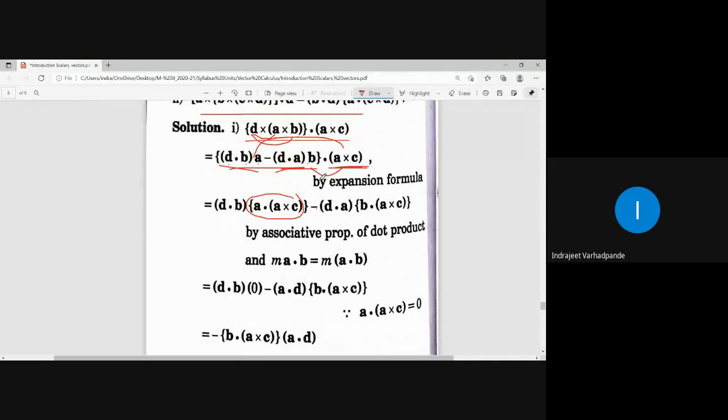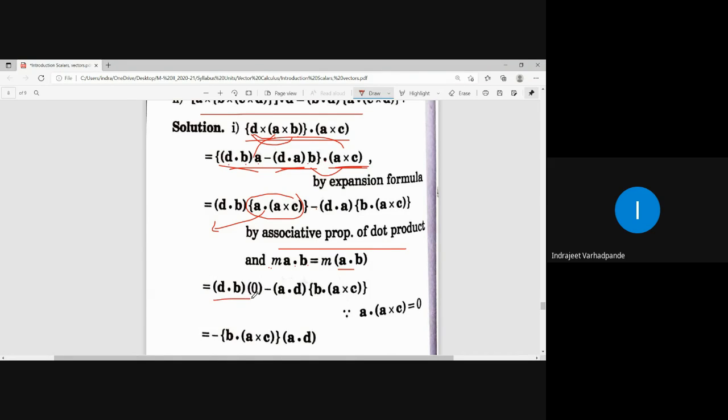This is written with the associative property of the dot product. Also, whenever you have any scalar into vector dot vector, it can be written as scalar multiplied by vector dot vector. So this is a box product, which is a scalar triple product of a bar and c bar, and I know that this value is going to be 0.